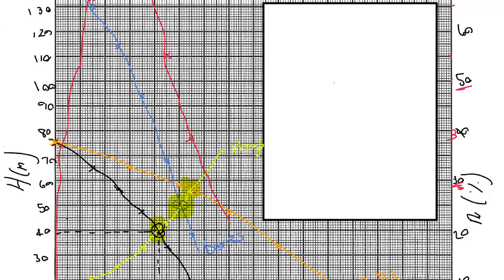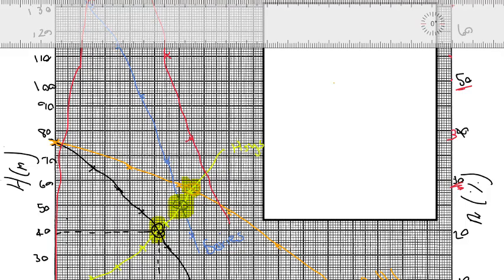So I'll try and explain as we go along how you read these values from your graph. Okay, so first of all you're going to need a ruler to read off these values.